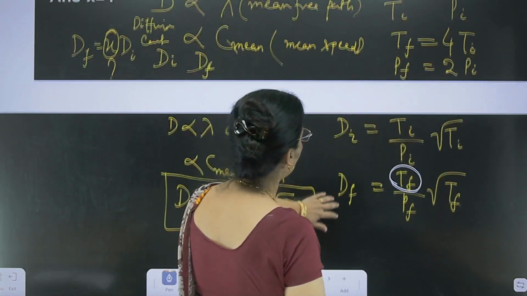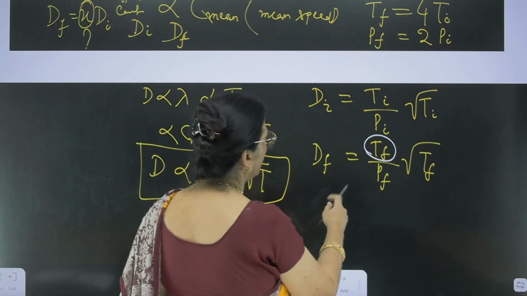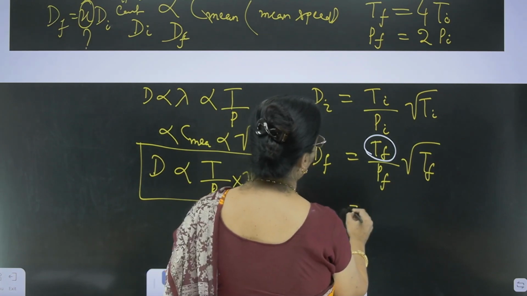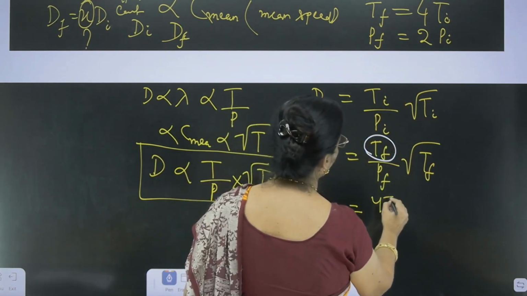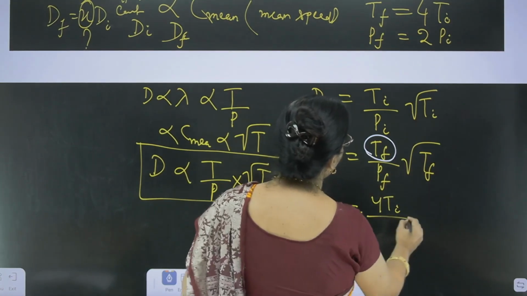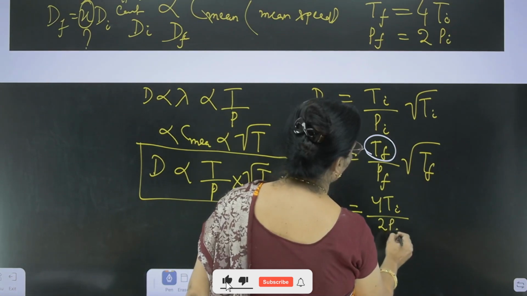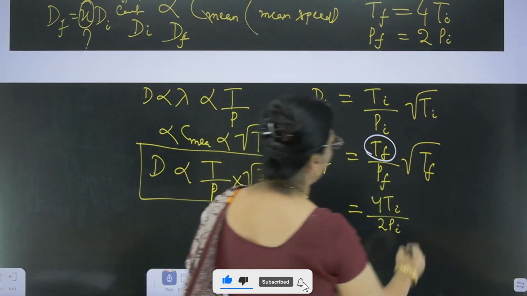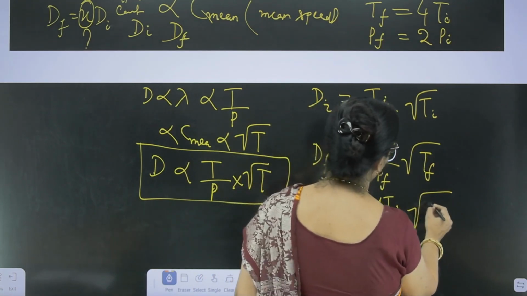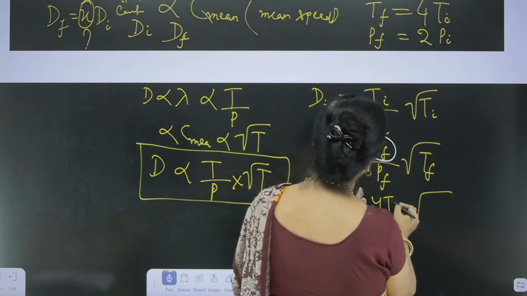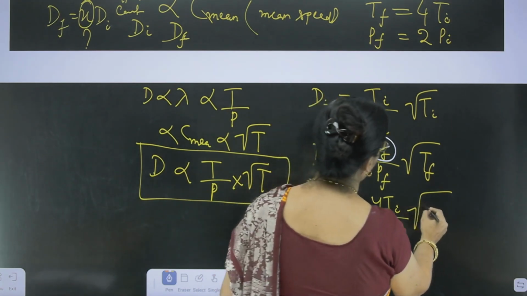So Df will be equal to, instead of Tf, 4 Ti, and instead of Pf, 2 Pi, and in root Tf we can write 4 Ti.